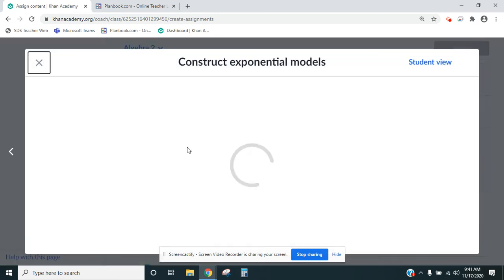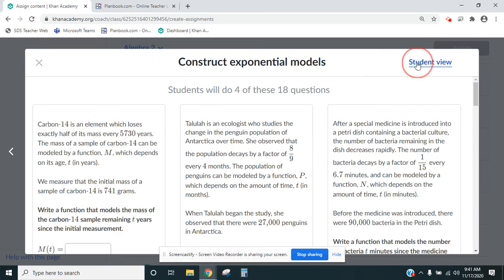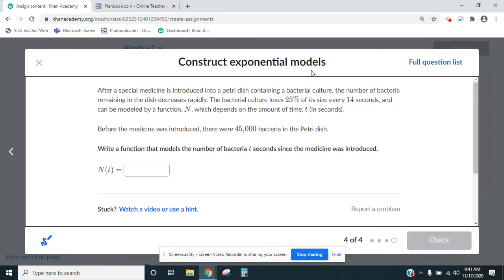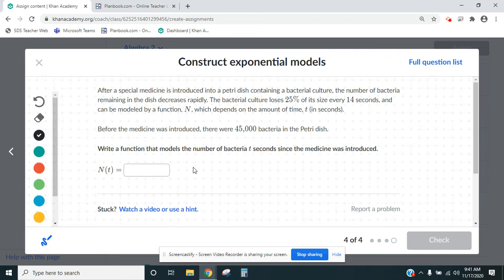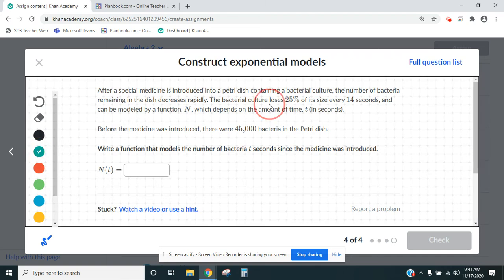All right. This last one, we're actually going to build the equation. They're going to give us the info and then we're going to type in the equation. So here's the important parts. If you're writing this example down, just write down these parts. Loses 25%.